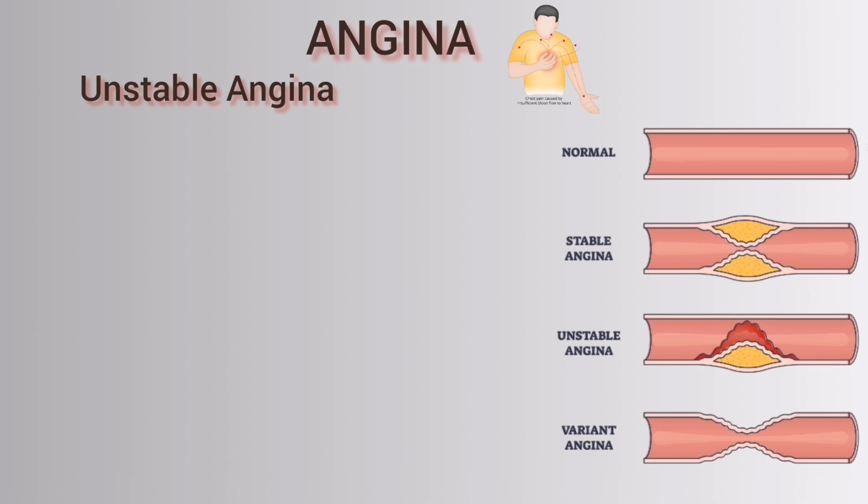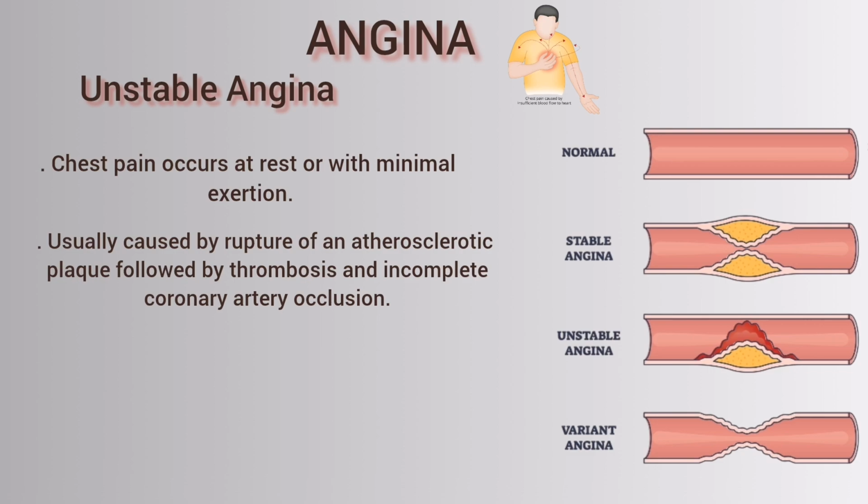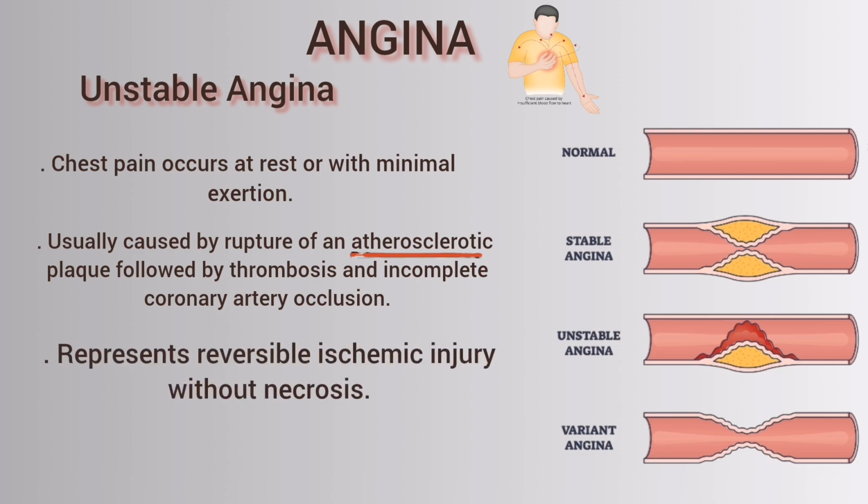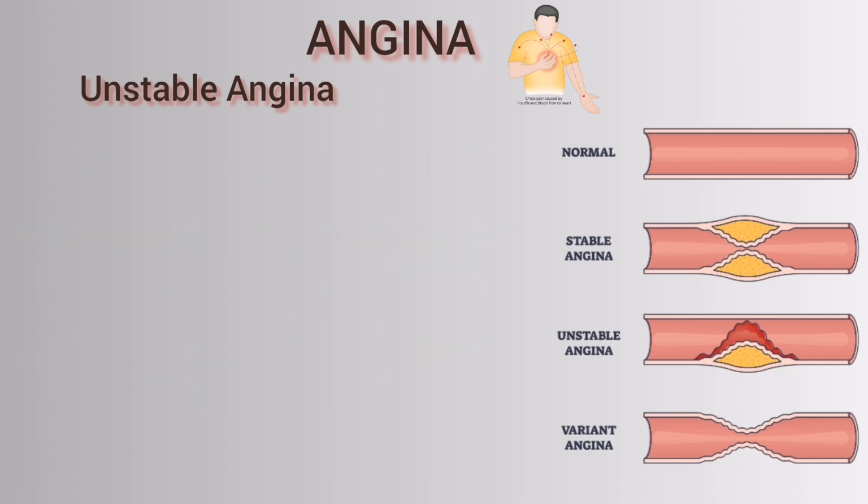The next is unstable angina. The chest pain occurs at rest or with minimal exertion, usually caused by the rupture of an atherosclerotic plaque followed by thrombosis and incomplete coronary artery occlusion. And this represents reversible ischemic injury without necrosis.